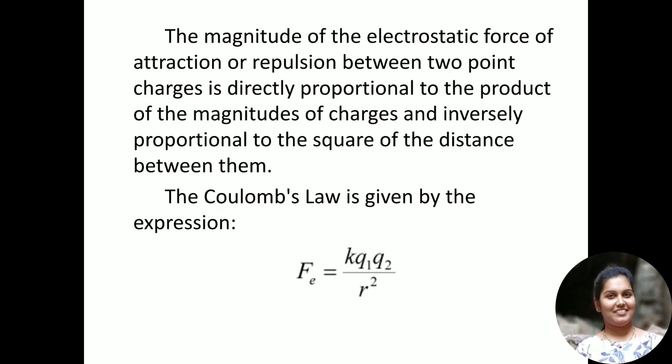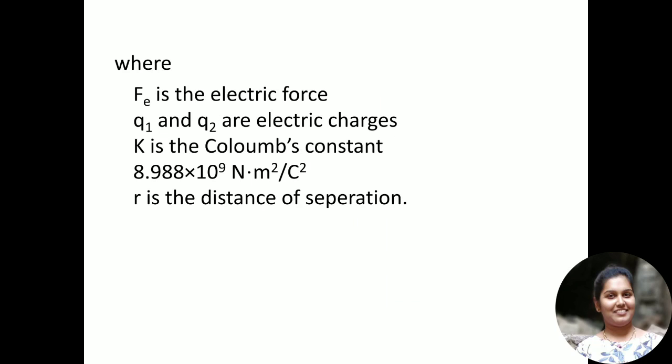So based on this statement, we can write Fe is equal to K into Q1 Q2 by R square, where Fe is the electric force, Q1 and Q2 are electric charges, either positive or negative, and K is Coulomb's constant, which is 8.988 into 10 power 9 Newton meter square per Coulomb square. We can remember this numerical value of Coulomb's constant K, where R is the distance of separation.